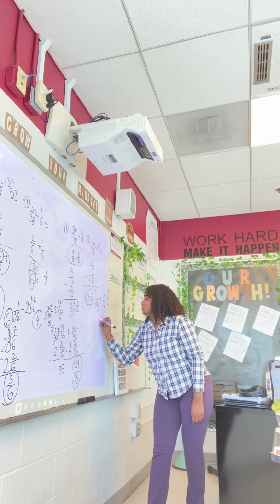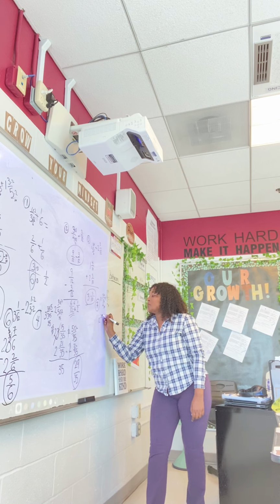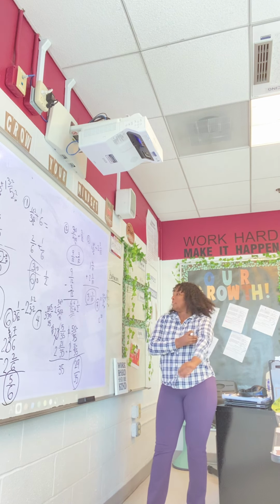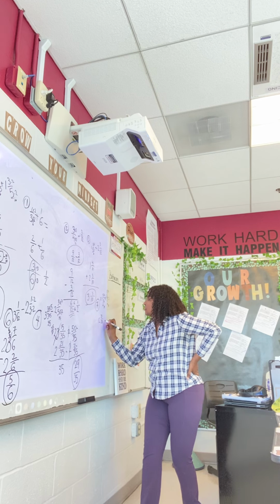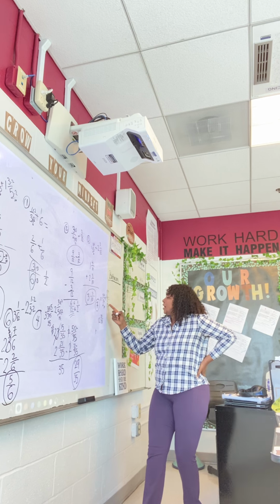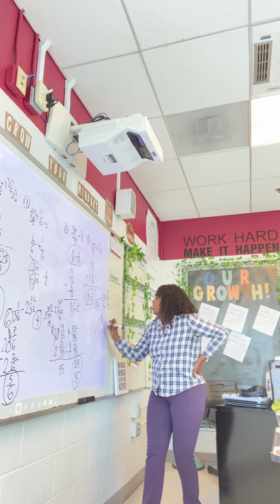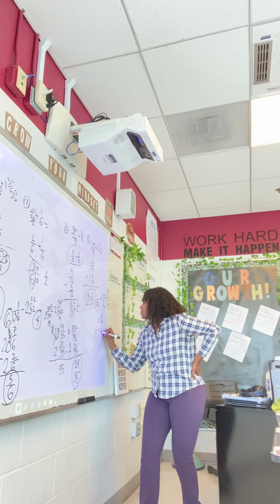So I have 12 whole, 5 times 4 is? Armand? All right, 20/28. Is this subtraction or addition? Yeah, addition. And here I have 1 whole and 1 times 7 is 7/28.